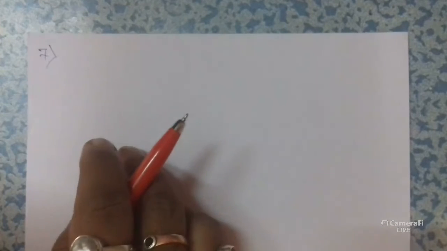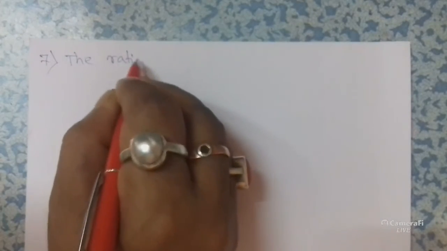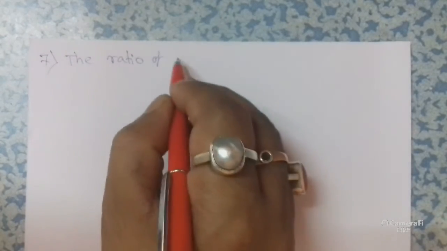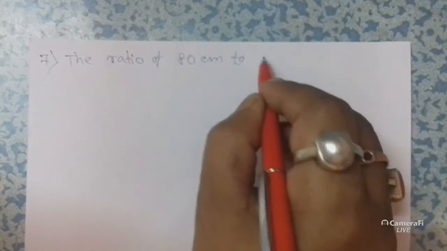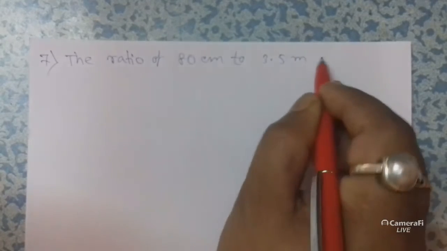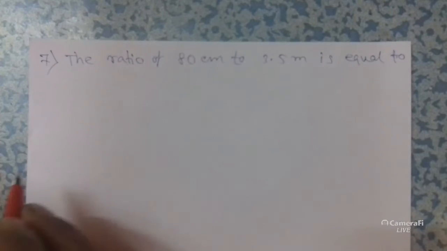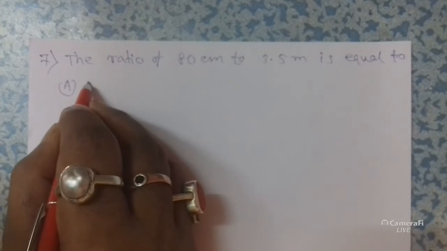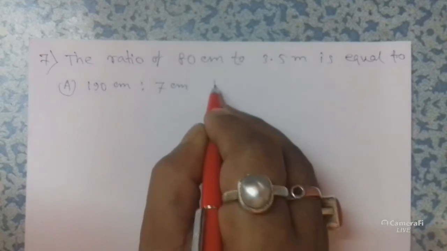Problem number 7. The ratio of 80 centimeter to 3.5 meter is equal to, the options are: option A, 190 centimeter is to 7 centimeter.